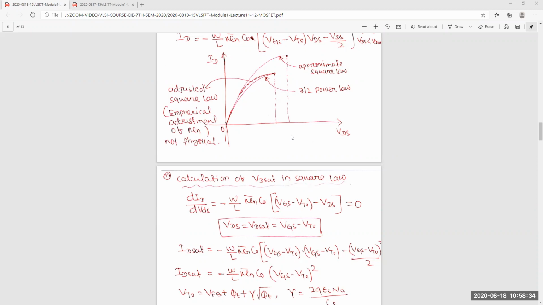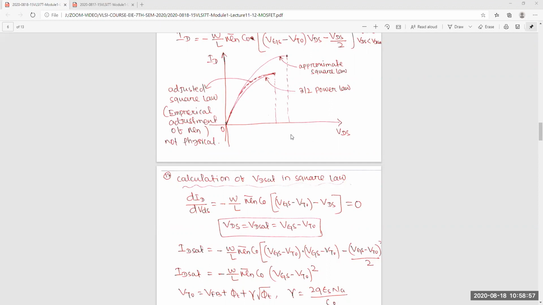Less than threshold voltage. Exactly. So when the gate to source voltage is less than threshold voltage, then there is no current because the channel will not form. So that is your cutoff region. So for that there is no equation. At cutoff, ID is equal to 0.